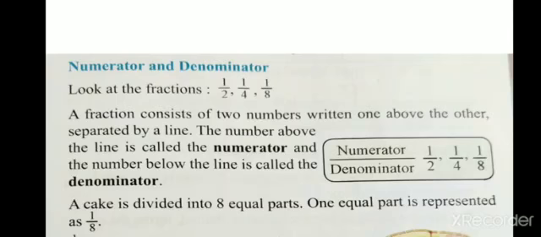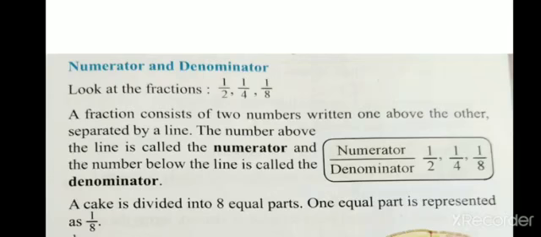Between the 2 numbers there is a line. For example, let us take 1 by 2. So 2 is below the line and 1 is above the line. The number which is above the line is called the numerator and the number which is below the line is called the denominator.